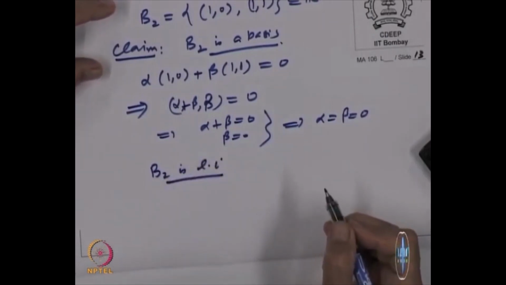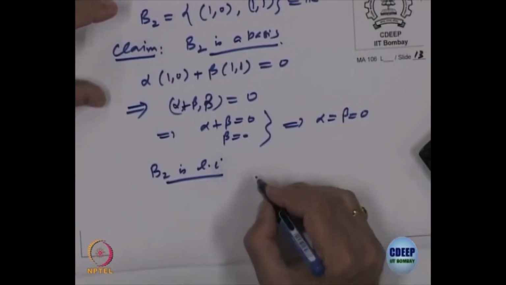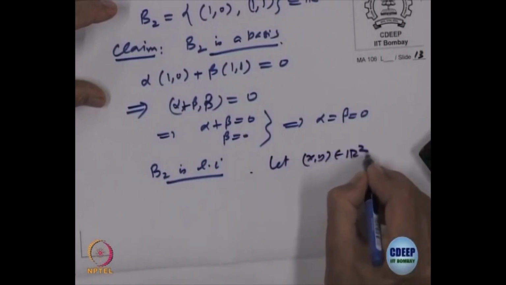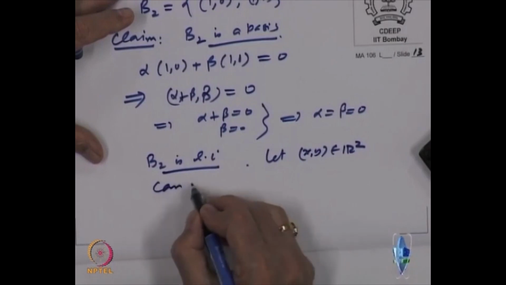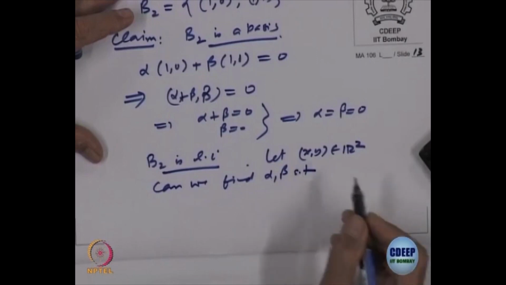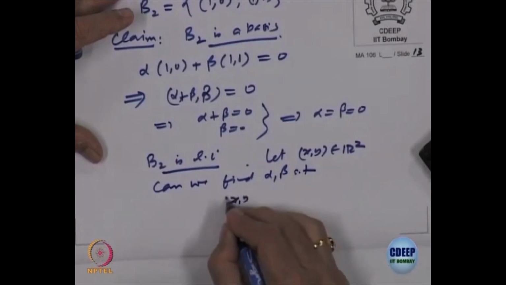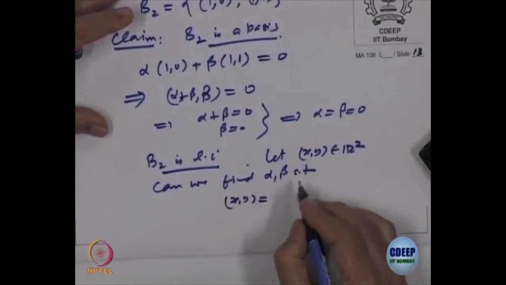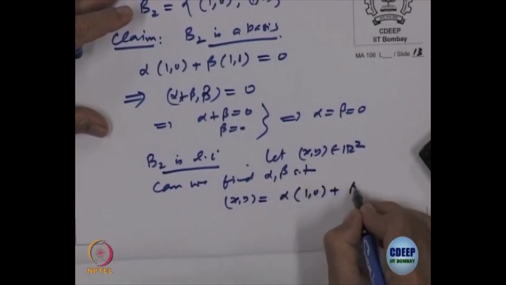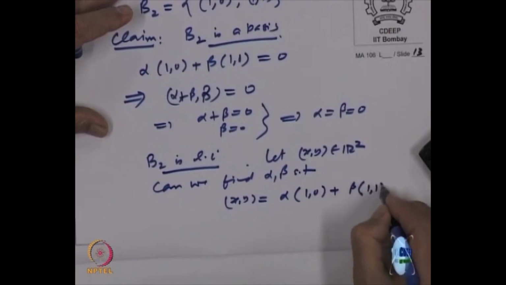Next, what should I check? If I want to show it is a basis, either I should show it is maximal or that it generates. So, let (x, y) belong to R2. Can I find alpha, beta such that (x, y) is equal to alpha times (1, 0) plus beta times (1, 1)?